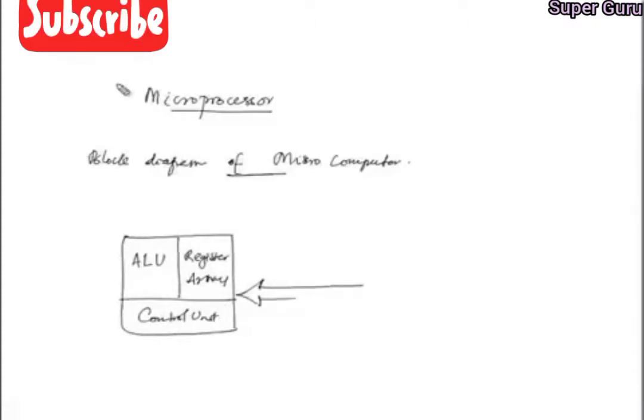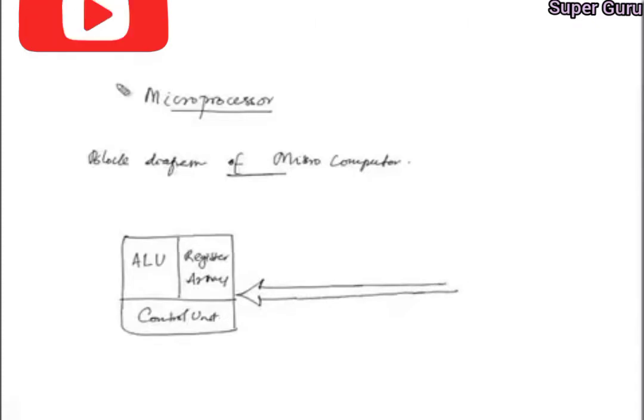Register array, then control unit, then system bus.